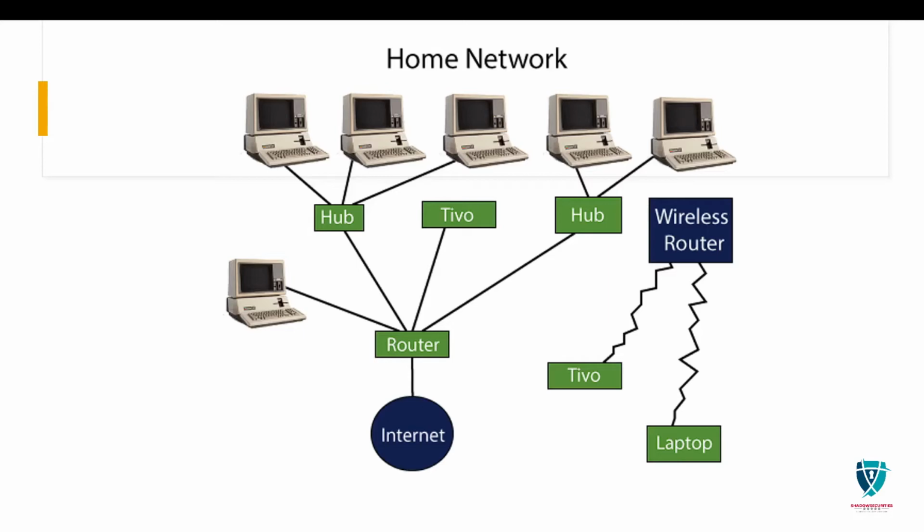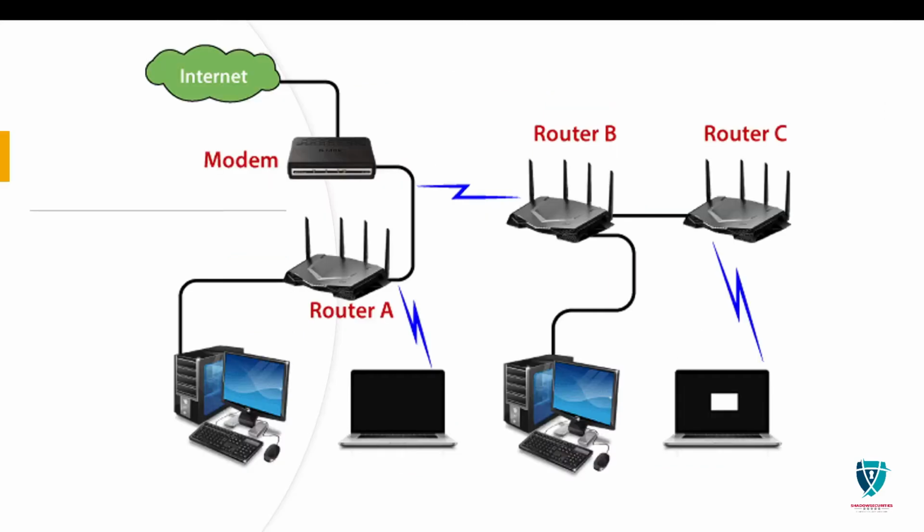So now, features of router. A router works on the third layer of the OSI reference model, the network layer, and it is able to communicate with its adjacent devices with the help of IP address and subnet.